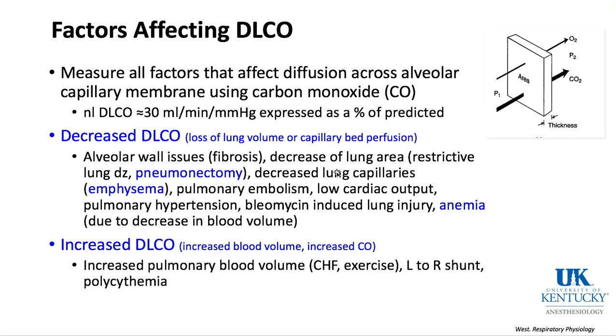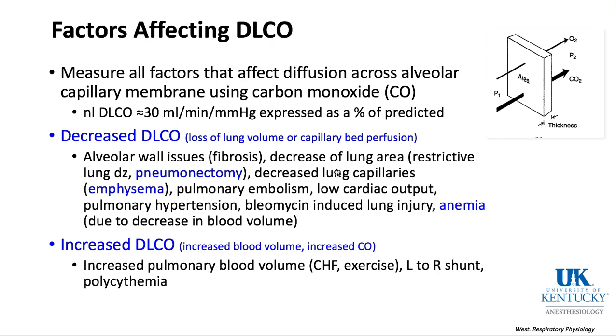So things that decrease the DLCO, make carbon monoxide not pass through the alveolar membrane as much, are loss of lung volume or capillary bed perfusion. An example of this would be fibrosis of the alveolar tissue, pneumonectomy, taking out a whole lung, emphysema, where you have destruction of alveolar units, and something that you may not have thought of much is anemia.